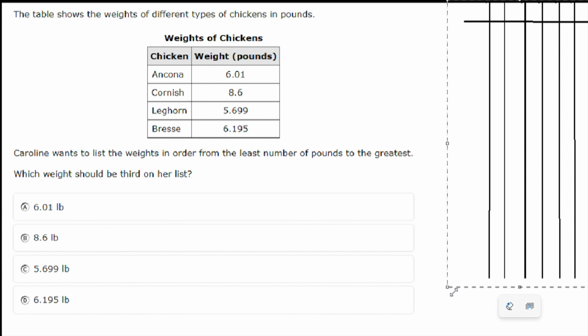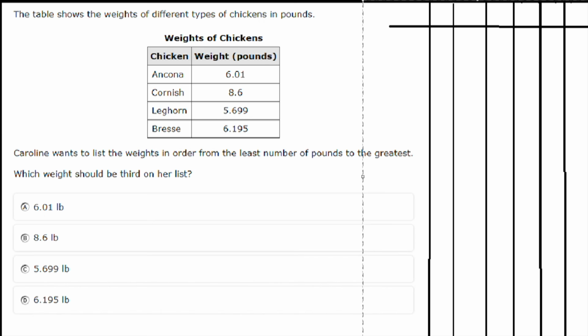So what we're going to have here is our ones place, and we're going to have our decimal there. We're going to have our tenths place, followed by our hundredths place, followed by our thousandths place.